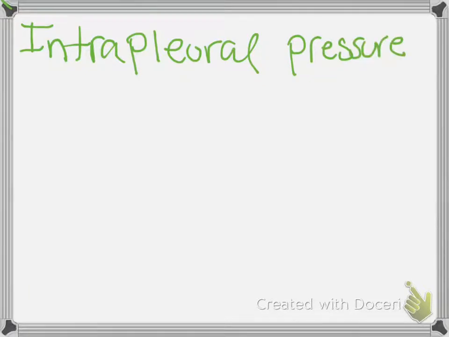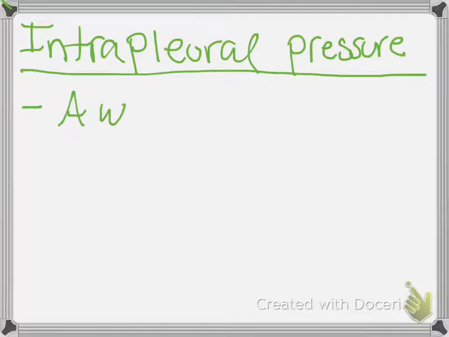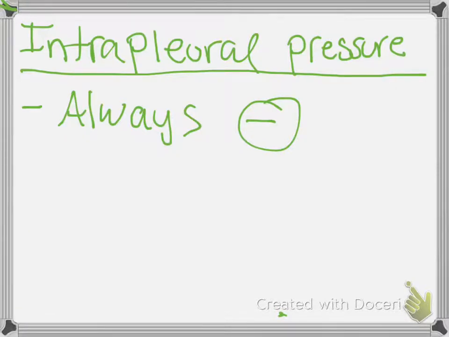And the intrapleural pressure is always going to be negative. And it's always negative to ensure that the lungs do not collapse.